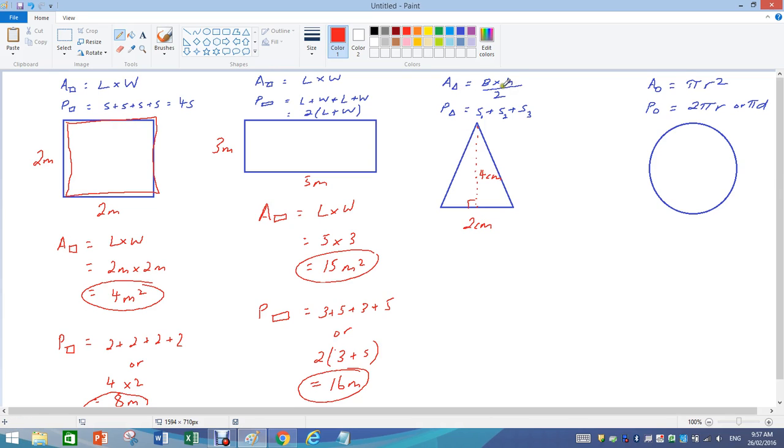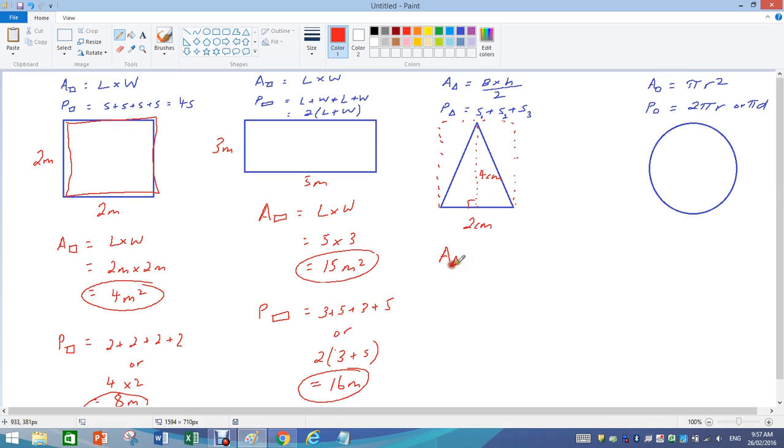Then to find the area of the triangle, well, a triangle, if you think about it, it's really just half a rectangle. Because if you join this bit and this bit together, you'd get this triangle. Okay, so that's why we end up dividing it by 2, because a triangle is just half a rectangle.